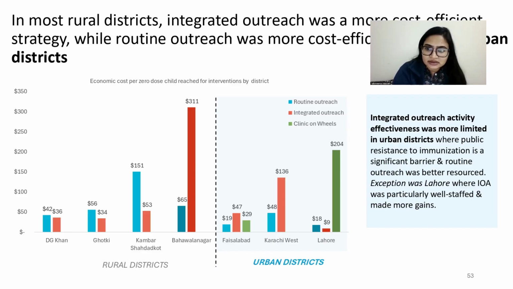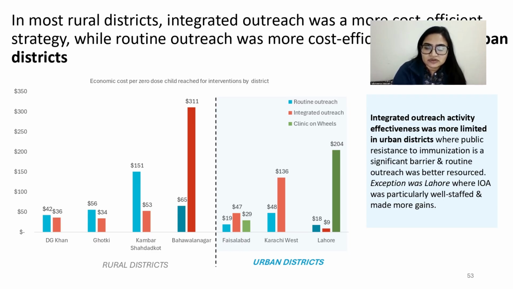On the other side, in the urban districts, though the IOA was extensively resourced, the performance of routine outreach is much better as compared to the integrated outreach. This implies that routine outreach performs better in the urban areas because the basic healthcare facility infrastructure is much better there as compared to the rural areas.